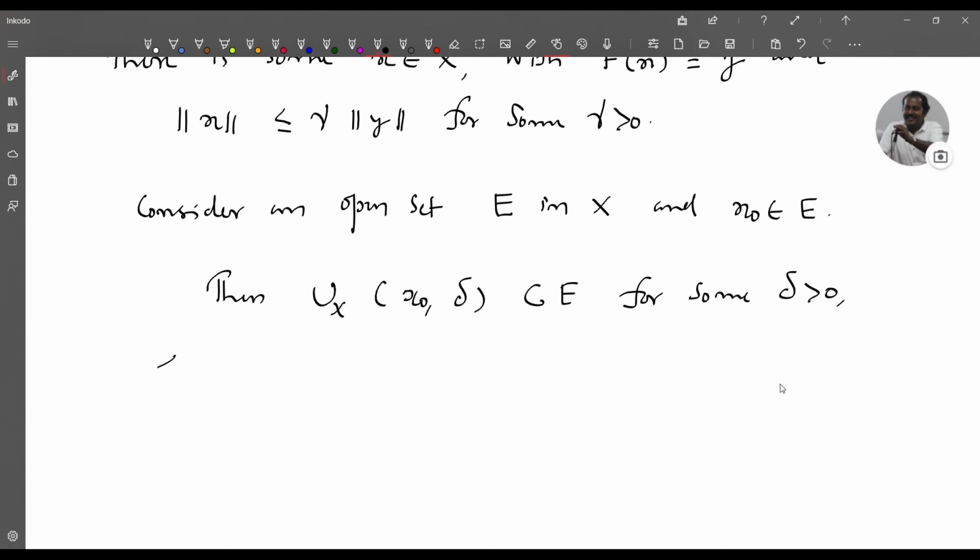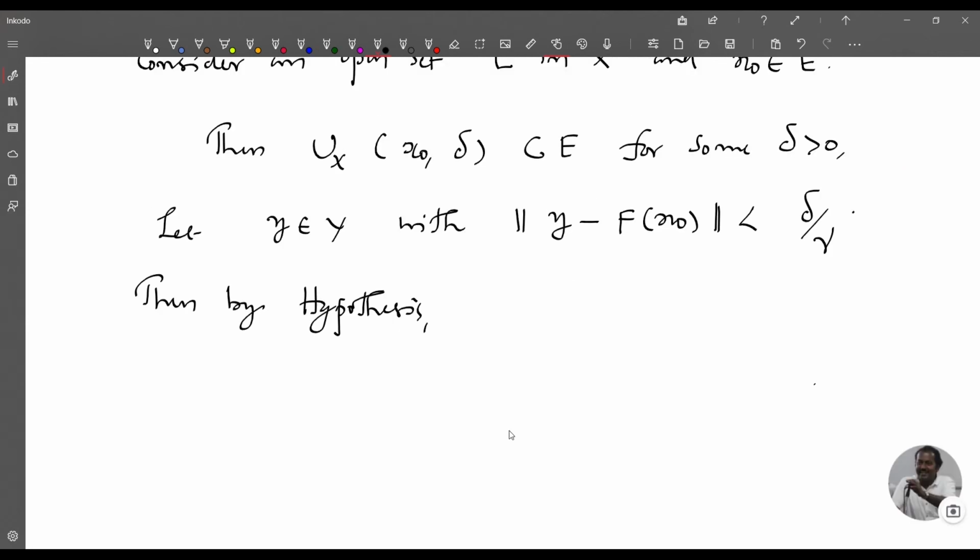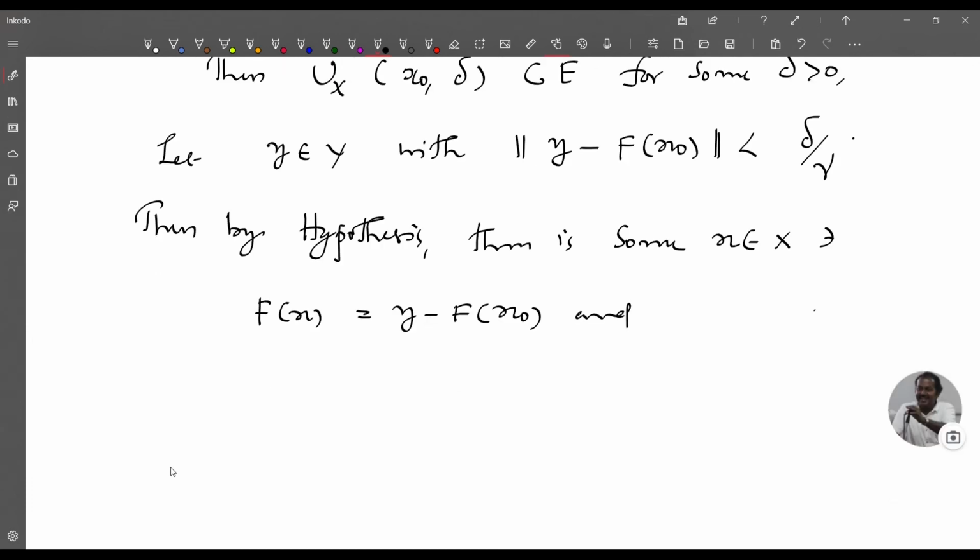Let y belong to Y with norm of y minus f of x naught less than delta by gamma. Then by hypothesis there is some x in X such that f of x equal to y minus f of x naught and norm of x is less than or equal to gamma times norm of y minus f of x naught.